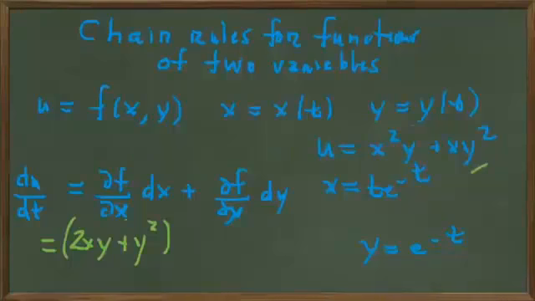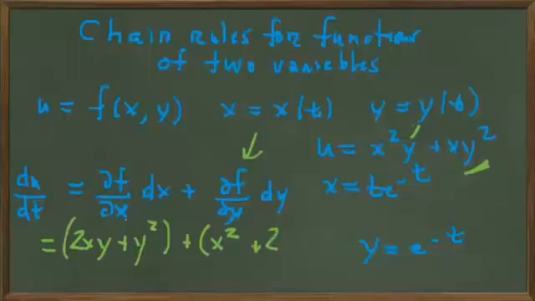And now we're going to take partial f partial y. We're holding x constant, so the x squared acts like a constant. Partial y of the y is 1, and in this second term the x acts like a constant, and the partial of the y squared is 2y, so we get 2xy.